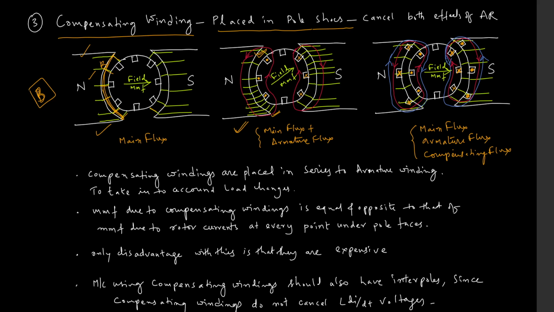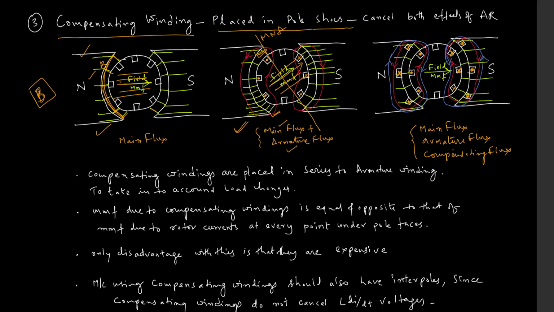Due to this effect, the MMF due to fields changes, flux lines now flow differently, and the magnetic neutral axis, MNA, is shifted.